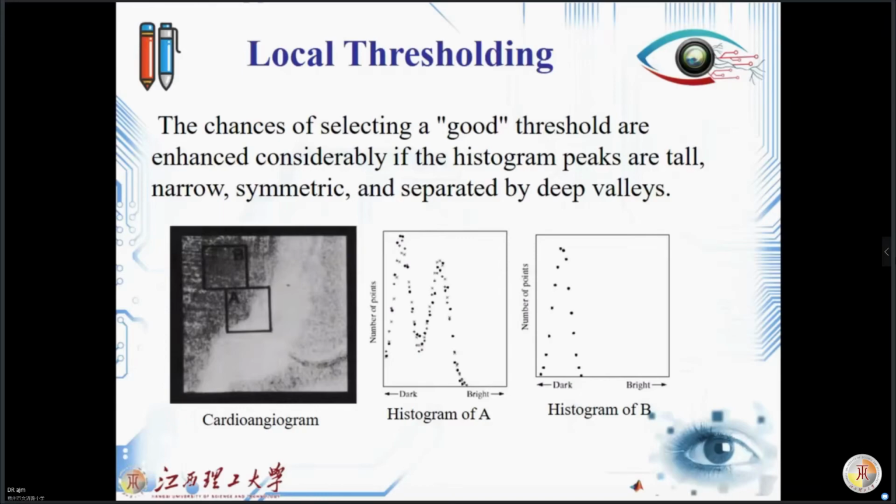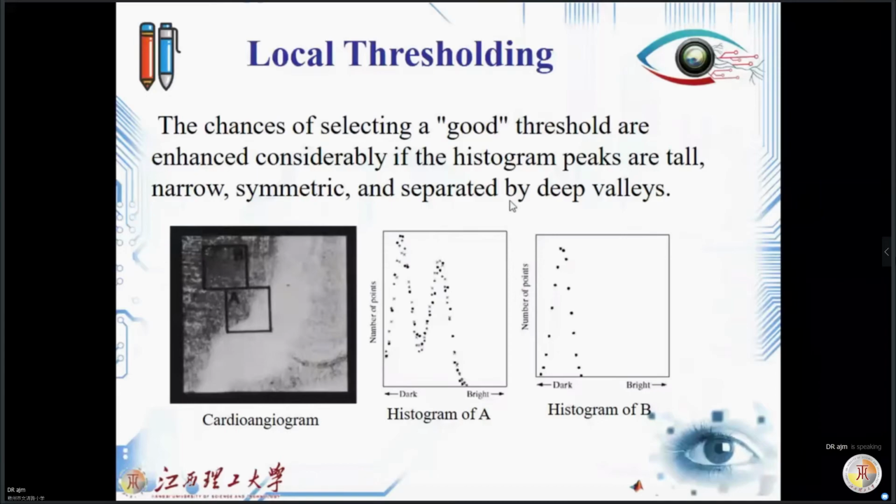The next one is local thresholding, in which the chance of selecting a good threshold is enhanced if the histogram peaks are tall, narrow, symmetric, and separated by a deep valley. Then finding the proper value for the threshold is not simple.